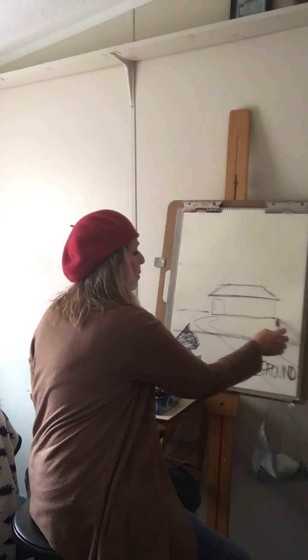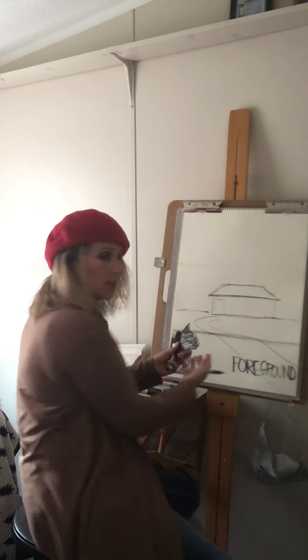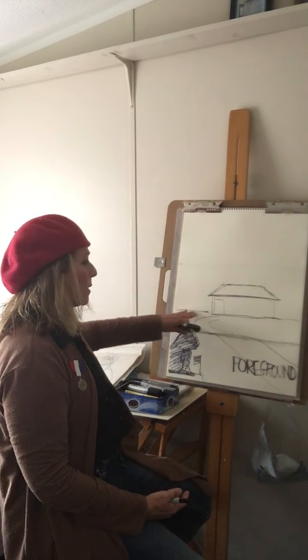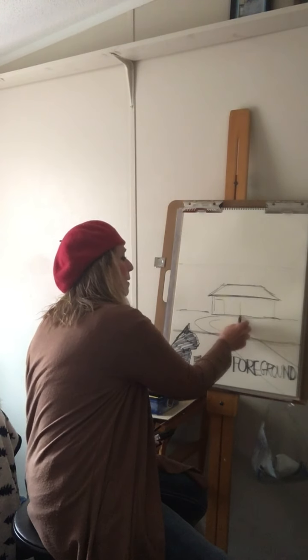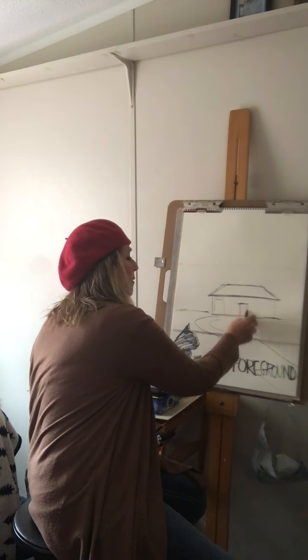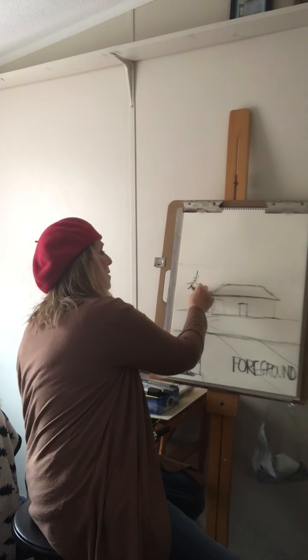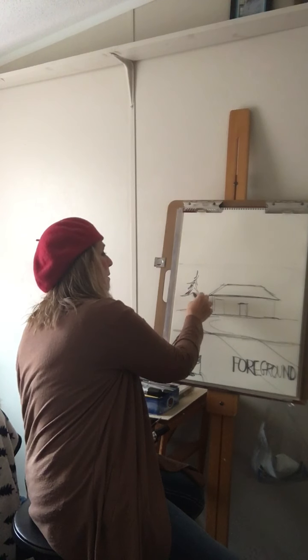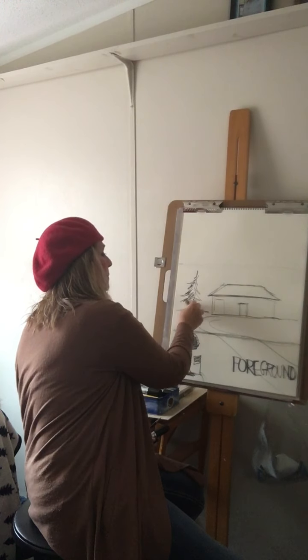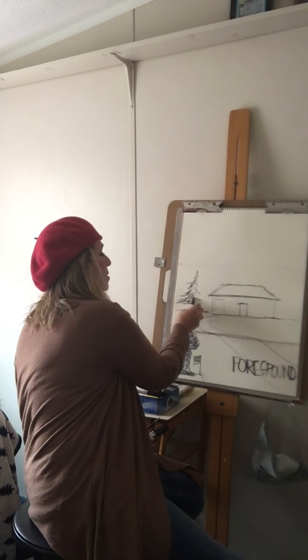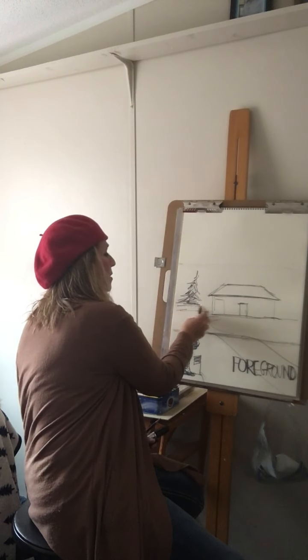This again is what we would call the foreground because it's closest to you. Here's the middle ground, and we'll put a door there, and then maybe we'll put some pine trees back there a little bit. You can just follow along with me and look for the basic shapes.